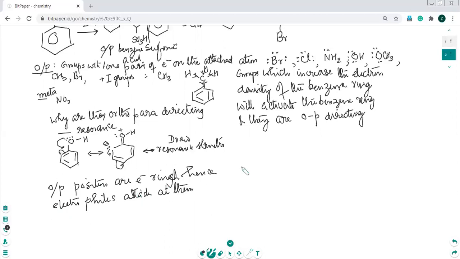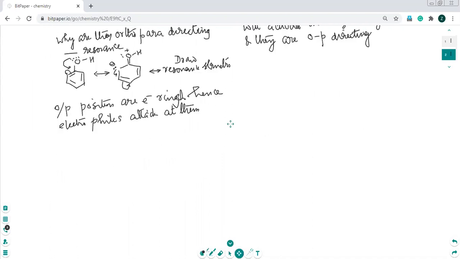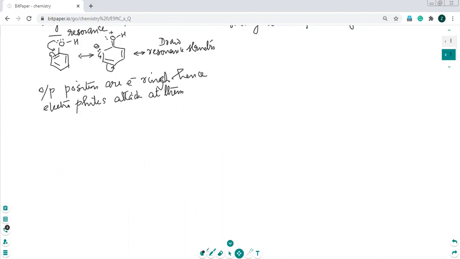Right? Similarly, if you look at the other groups, what are the other groups? NO2. Let's take NO2. We have already studied the whole structure of the NO2 group. You have two lone pairs here. Plus. See that? Then you have CN.